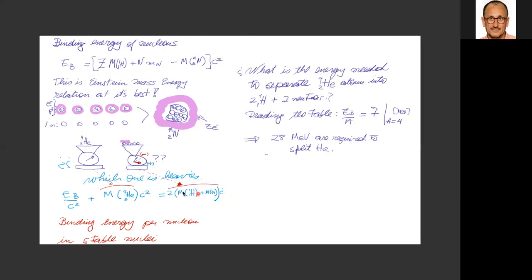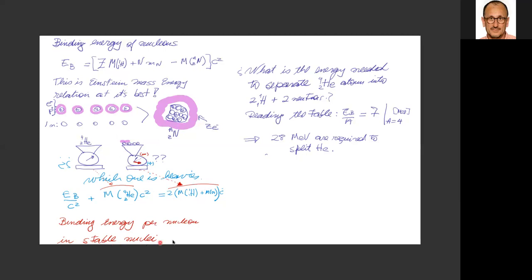But as you can see, you have to add this piece to get this mass. So this is a lower mass. The helium atom is a lower mass than having the hydrogen and the proton isolated on top of the balance. This experiment cannot be done. It's just a way of thinking of things only.